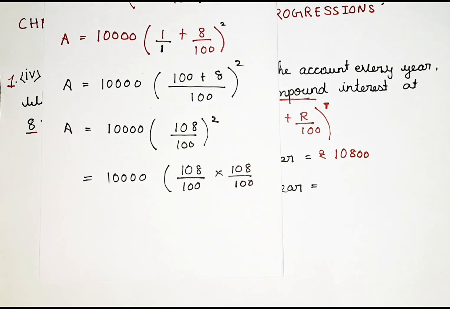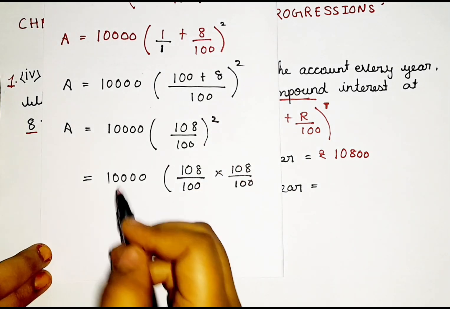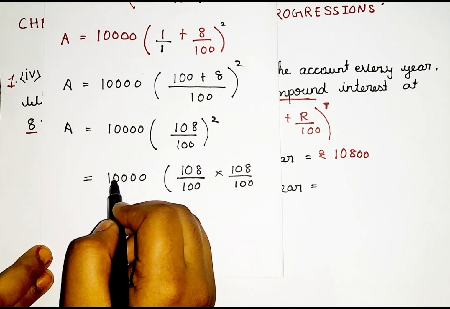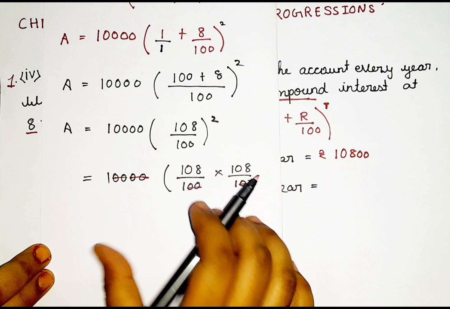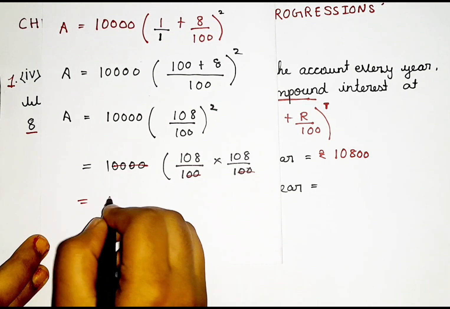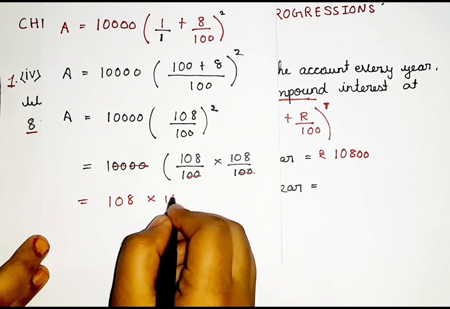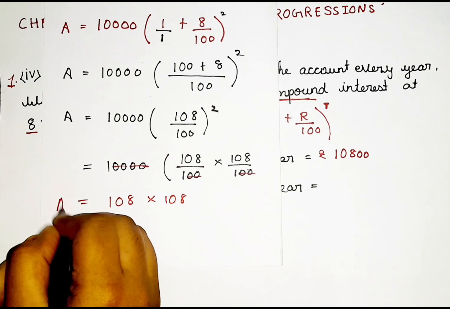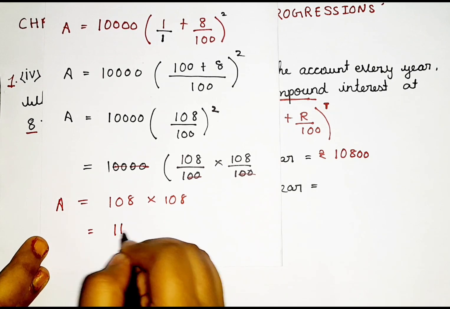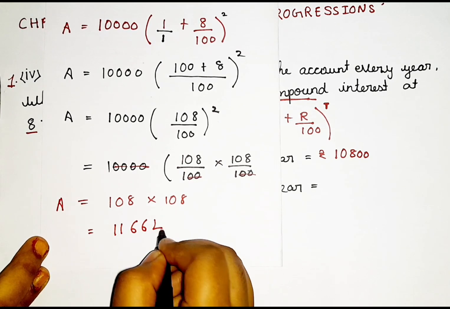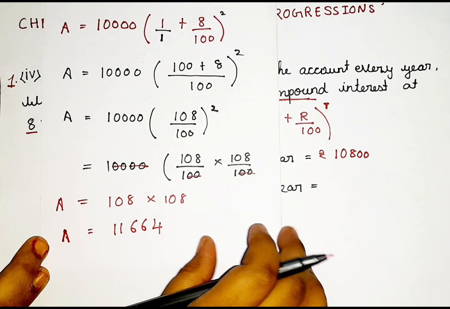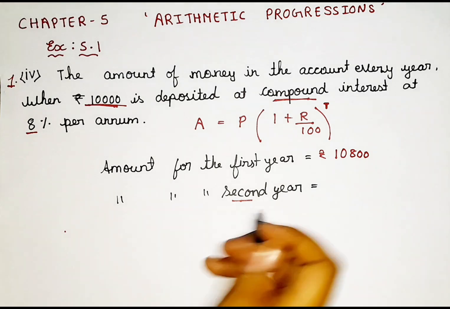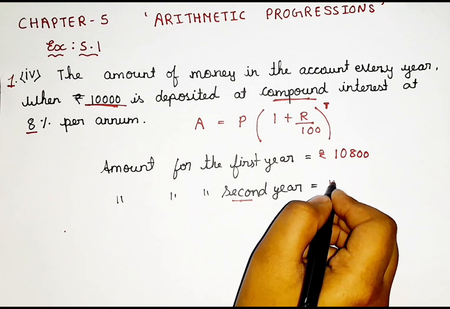So now what we can do is, now we can actually cancel 0, 0, 0, 0. Okay, like this we can actually cancel. Then we will get 108 into 108. So 108 into 108 is 11,664.